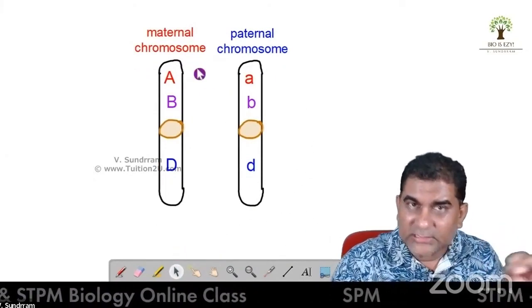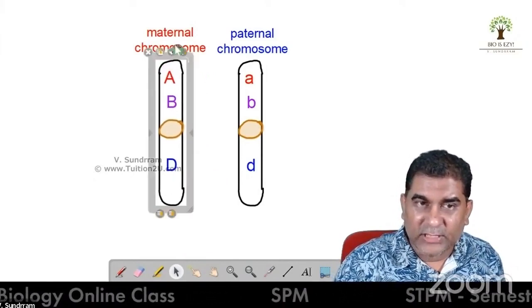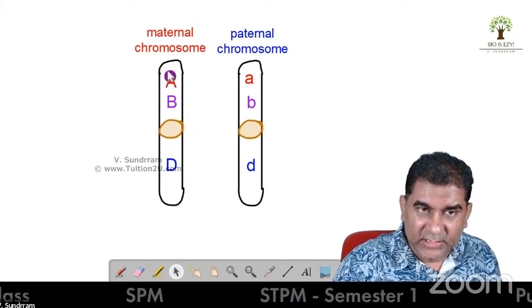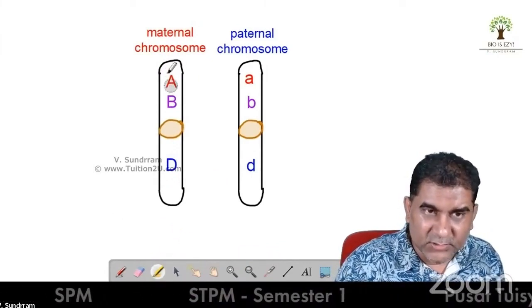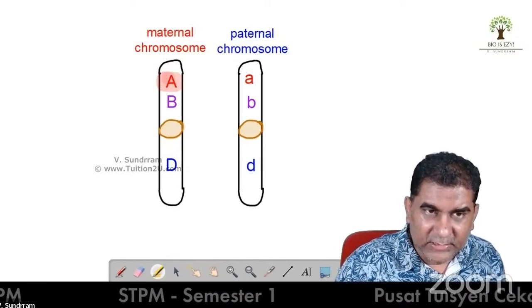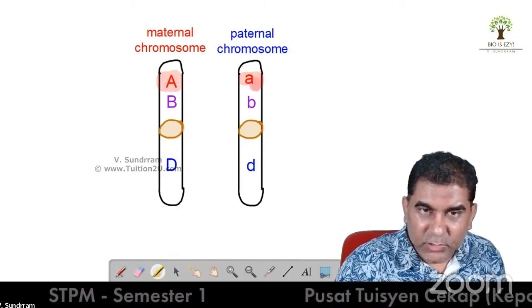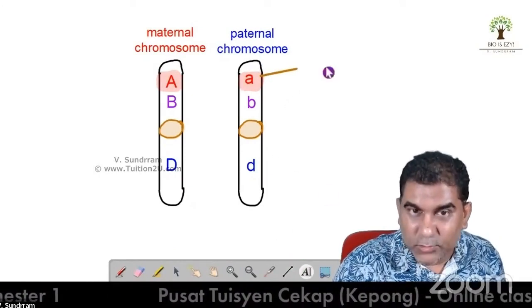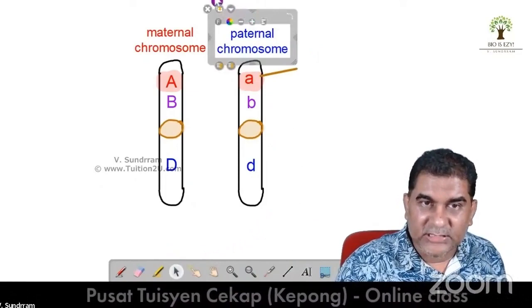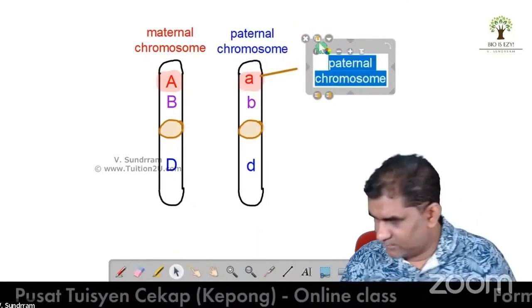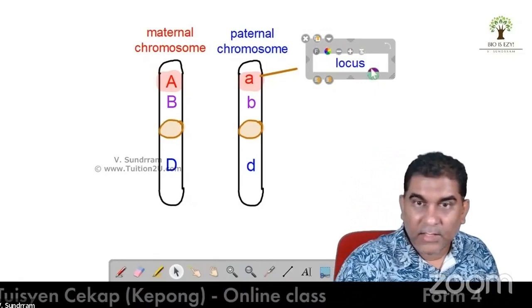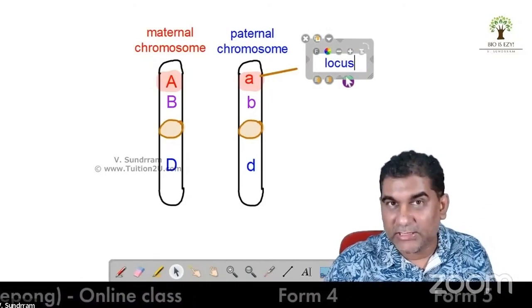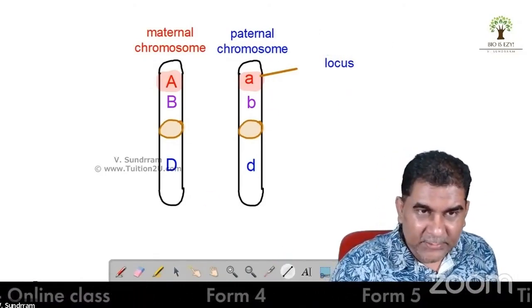The place where the allele is located, for example this A here, I color the place where it's located. So this area is where this allele is located. The place where the allele is located is known as a locus. The place where an allele or the gene is located, the gene here is the same.